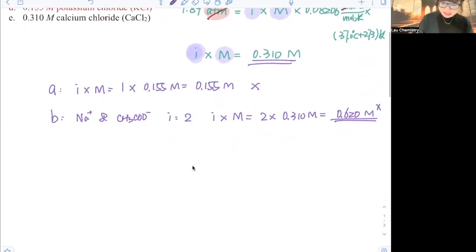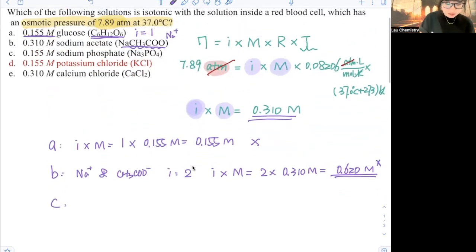Okay, so now let's keep on going. What about C? What do I have? I have 0.150. But however, let's look at this one. Let's see what's the Van't Hoff factor for sodium phosphate. I think we get a hang of this, right? This is a salt, an ionic compound. When you put it into aqueous solution, what happens? It's soluble, so it's going to be 100% dissociated into ions. So what do I have? Let's put those down.